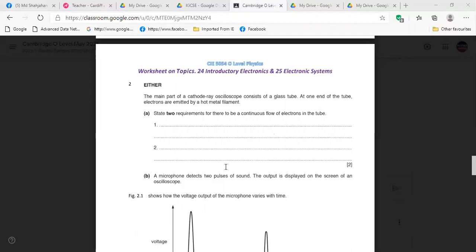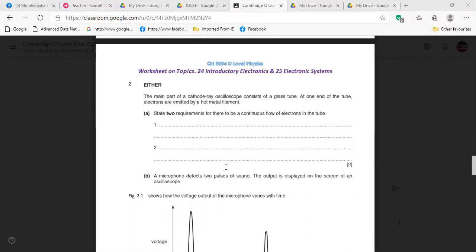So is it enough to have only a cathode, or do we have a filament, a hot filament also? Hot metal filament we also need, right? And the one you said, anode, that should be more specific. You can add a very high positive potential in the anode, so that the electron beam is attracted.